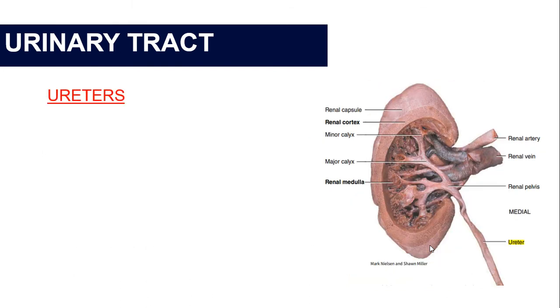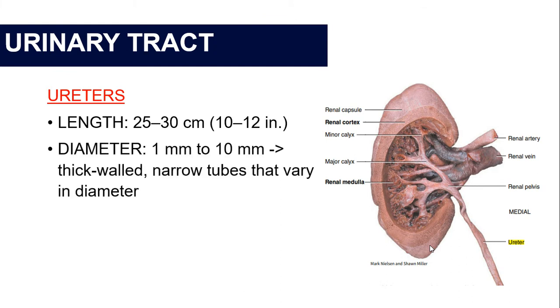The first organ we have here is the ureter. Its length reaches about 25 to 30 centimeters or 10 to 12 inches. Its diameter is 1 millimeter to 10 millimeters, and they are thick-walled, narrow tubes that vary in diameter.